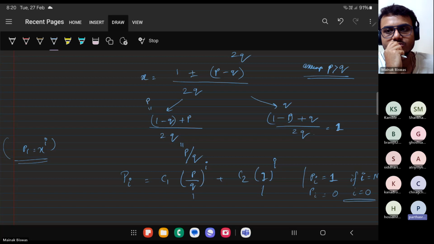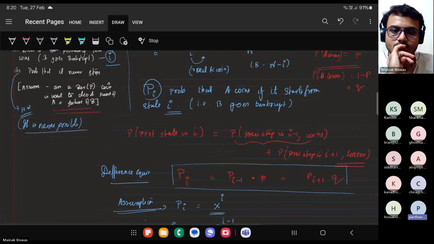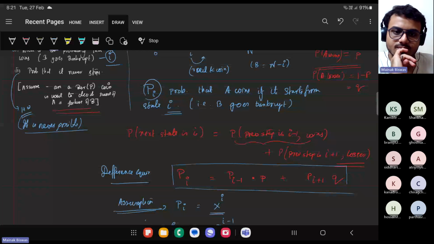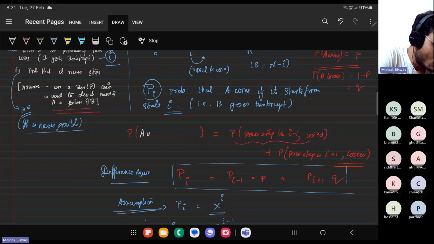Moinak, one more thing. The first step, where you did pi is equal to pi minus 1 into p plus pi minus 1 into q. Over here pi is the probability that A wins if it starts from state i. Correct. I should write it more clearly: probability that A wins starting from i.